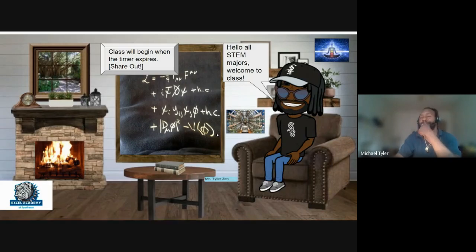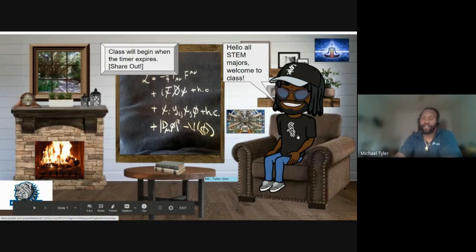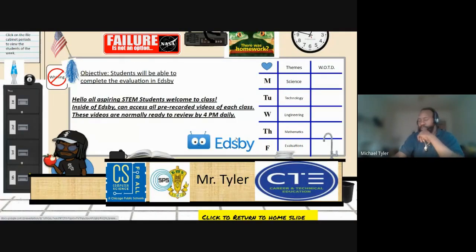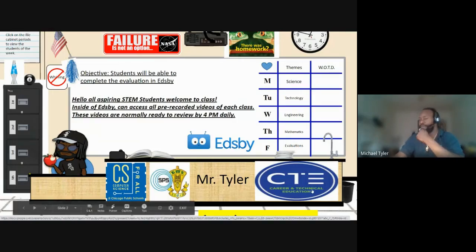All right, did everybody get this link in the chat? This is the classroom I was talking about. I just wanted to go through it and explain some things. If you click on me, I'm assuming you clicked on the link in the chat, you should get this. You click on me, you will be able to go straight to my prep period. And you guys are CTE students, career technical education. So you're robotics.